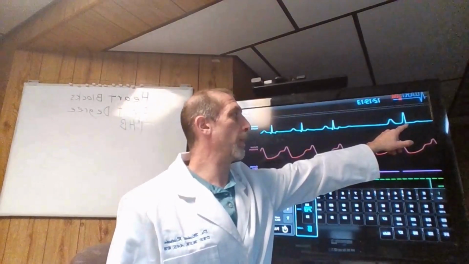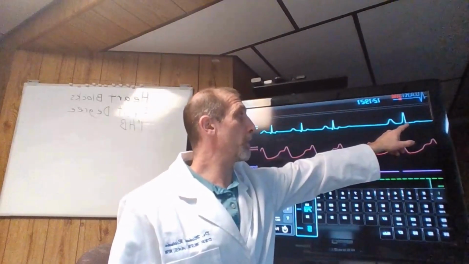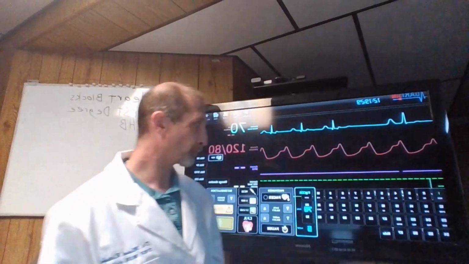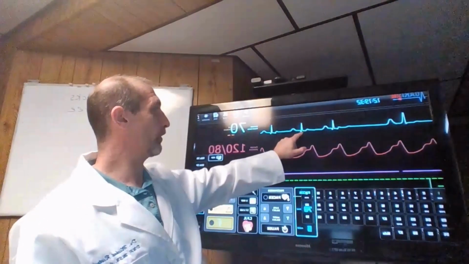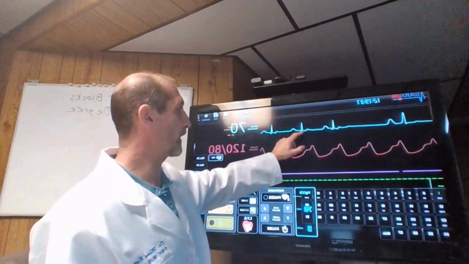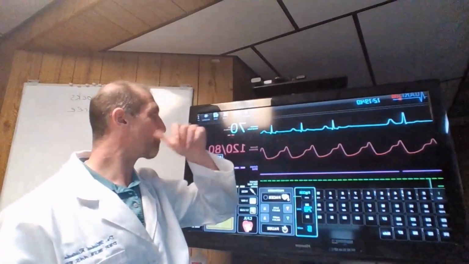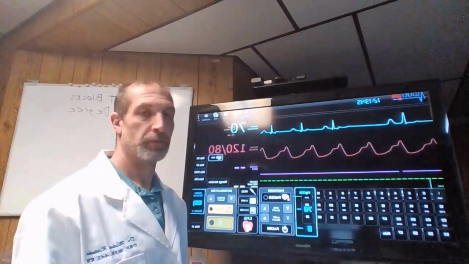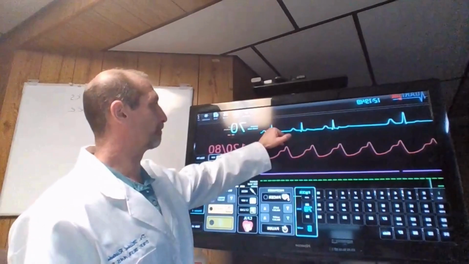If we were to measure these ones out, I can tell you just by looking at this and guessing, which we never guess, we're going to print out the strip and measure everything, I would guess this is probably between 0.26, maybe 0.28, somewhere around there, compared to right here, which again is going to be less than 0.20 seconds. And that's how you tell the difference between a normal rhythm and a first degree heart block.